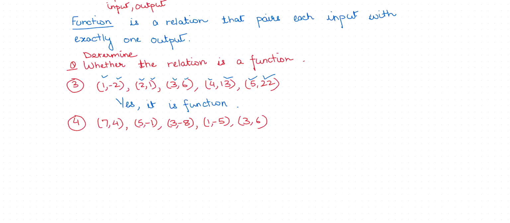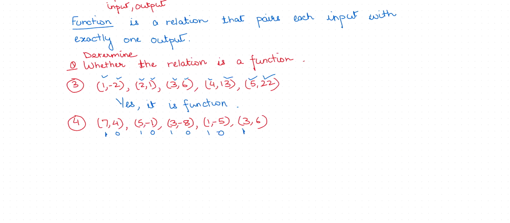Now we have to see if this relation is a function. Here this is input, this is output, input, output, input. This 3 is input, negative 8 is output, 1 is input, negative 5 is output, and this 3 is input and 6 is output.